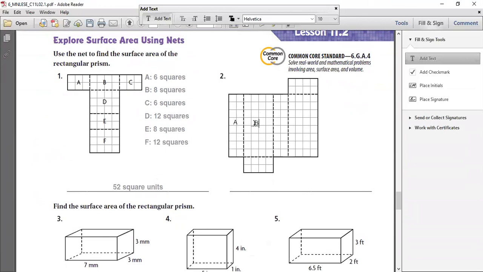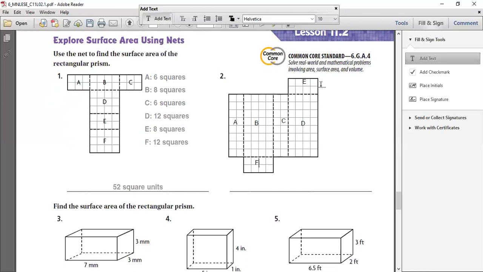This is going to be A, B, then C, and this is D, this is going to be E, and F. Now all they want you to do is count the squares of each. You have to write A is how many squares, B is how many squares, and so on, and then finally add them all up. That's what they want you to do. So I hope this is clear for you.